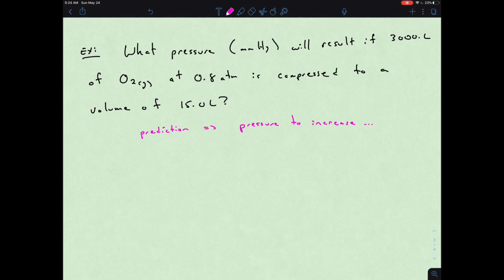Because we're talking about compressing a gas, and that's happening by shrinking the volume. So that's what we kind of expect.